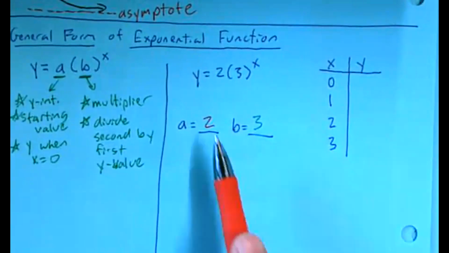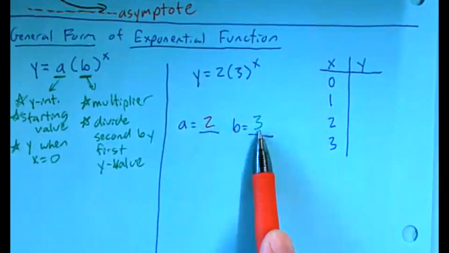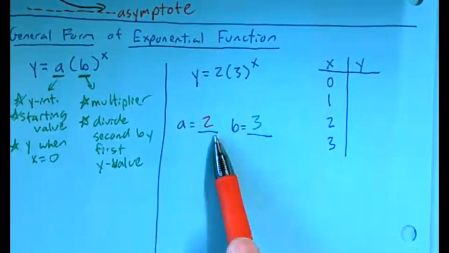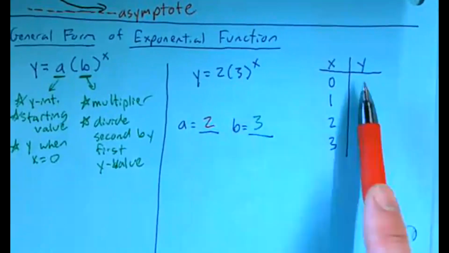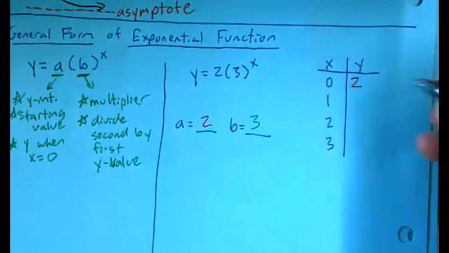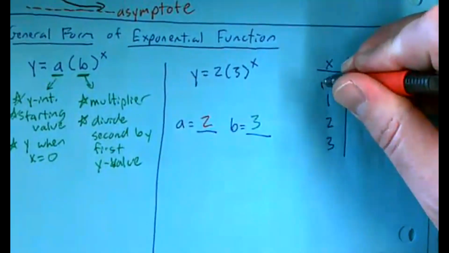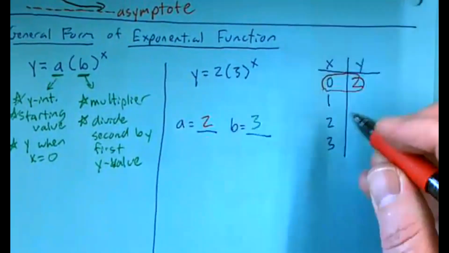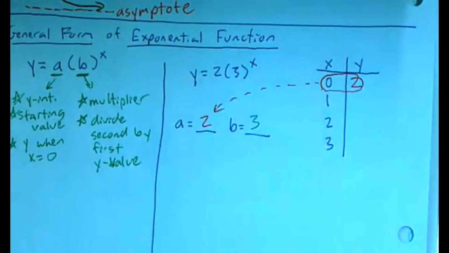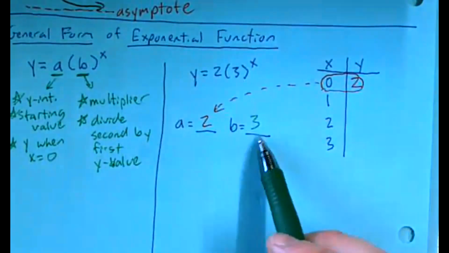I'm going to do all my A stuff in red and all my B stuff in green here. So can someone tell me where I'm going to find the 2 on my table? It's going to be the y value when X is 0, right? So 2 is going to go here. And I'm going to, again, I like lots of arrows. Some people don't like arrows because it makes their paper kind of messy, but I'm going to draw an arrow there. And can someone tell me where I'm going to find my 3 on my table?